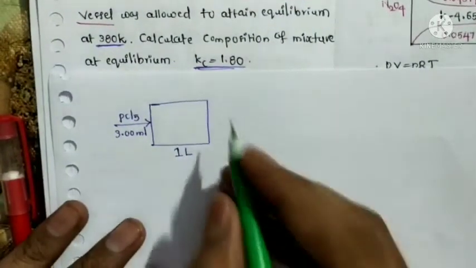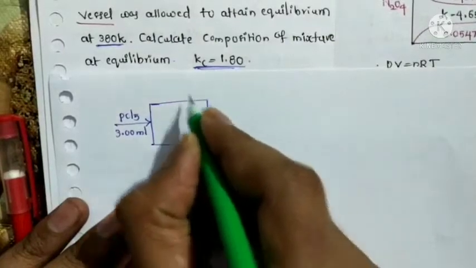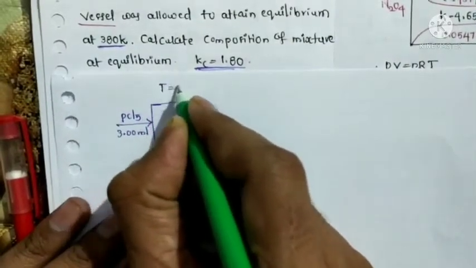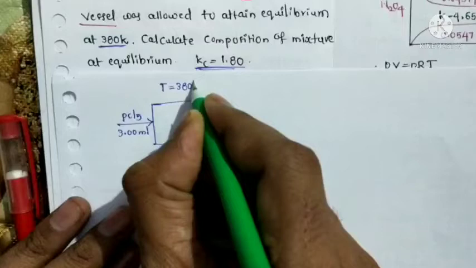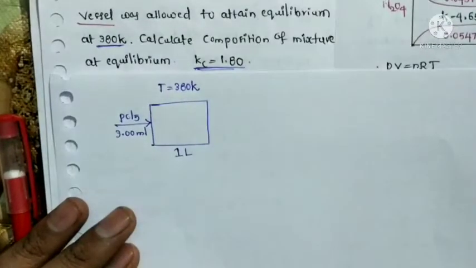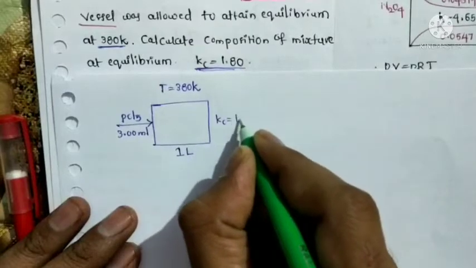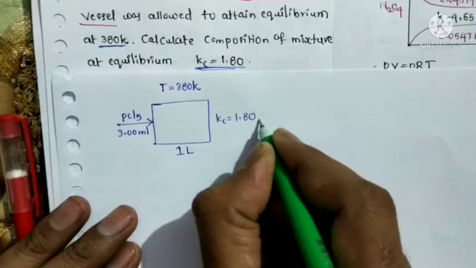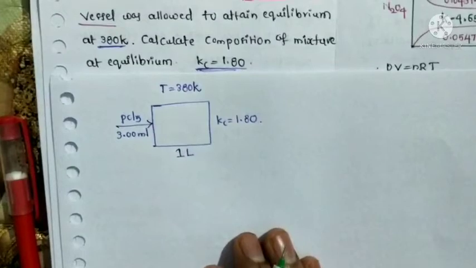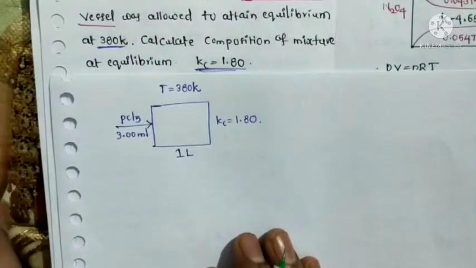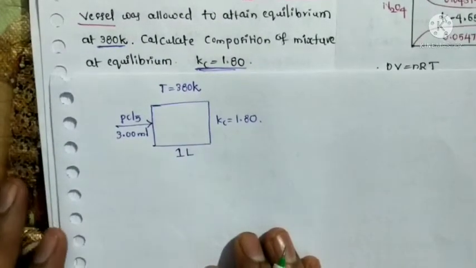So the temperature is 380 kelvins, and the equilibrium constant value is 1.80. This is the information given.